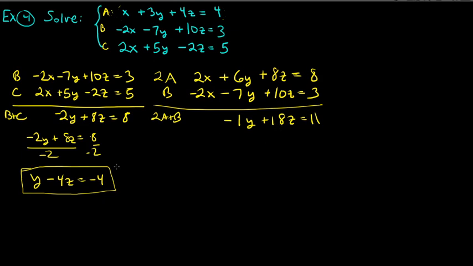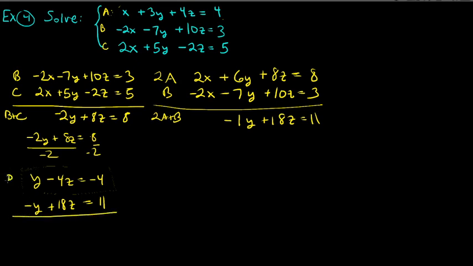I don't see much way around that. So that'll be negative y plus 18z equals 11. And now, I think what you can see here is, I can just add these two equations together as they are. If I want to eliminate z, I have some work to do. If I want to eliminate y, I can just add them as they are.